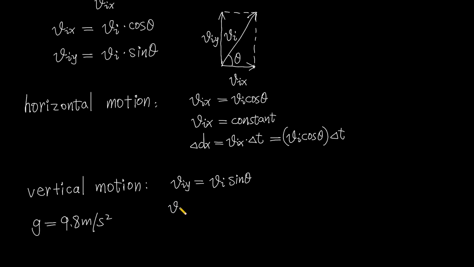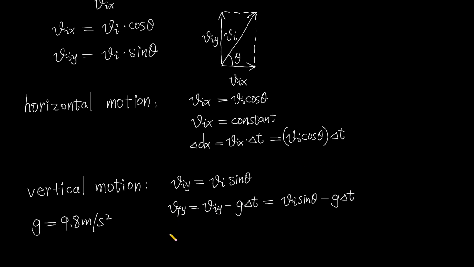The final velocity for vertical motion equals the initial velocity for vertical motion minus the acceleration g multiplied by delta t, and because Viy equals the initial velocity multiplied by sine theta, here it is minus g multiplied by delta t, the time interval.